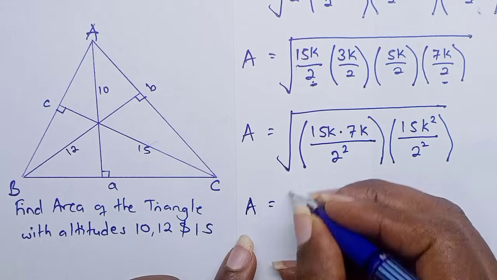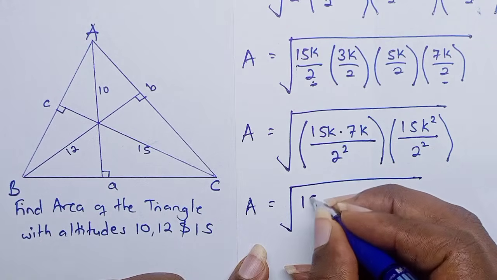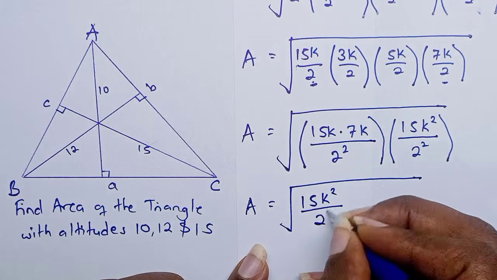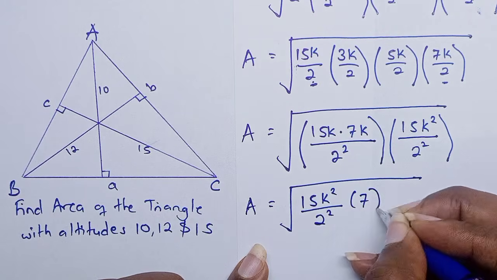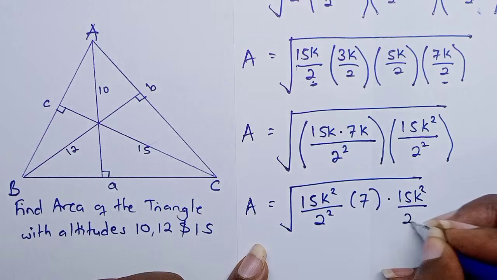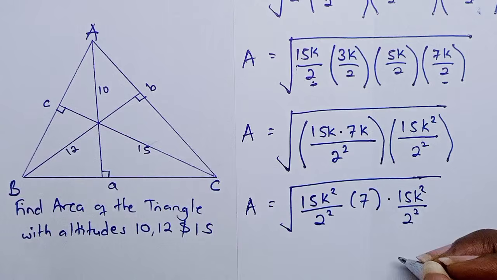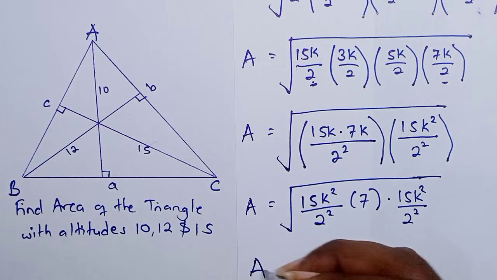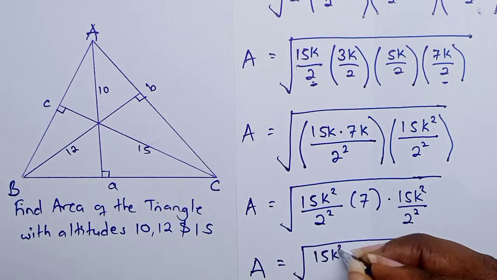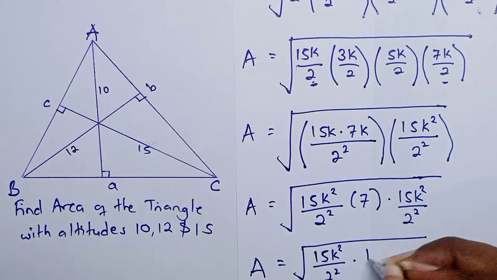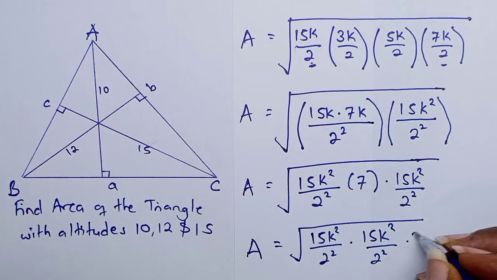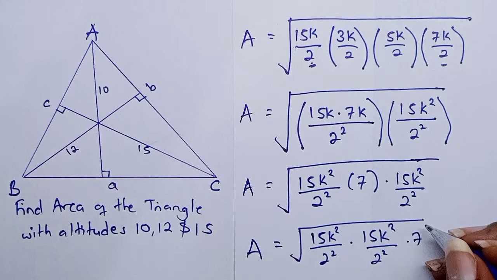So this would be equal to root of 15K squared over 2 squared times 7 times 15K squared over 2 squared. So in other words, we have area as 15K squared over 2 squared times 15K squared over 2 squared times 7.